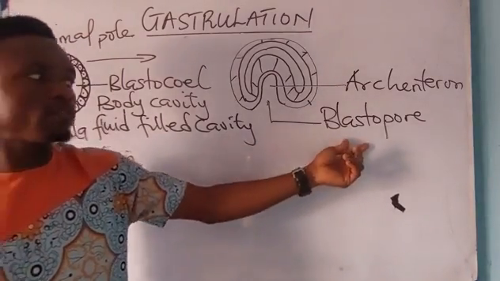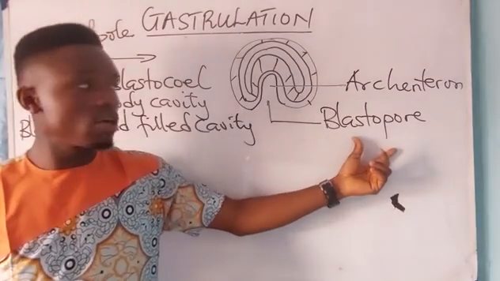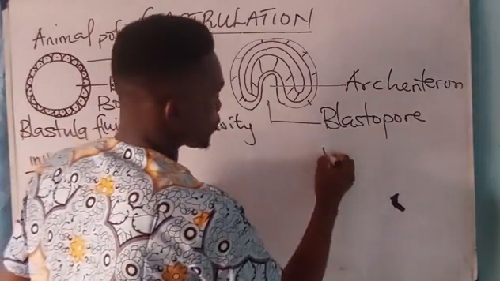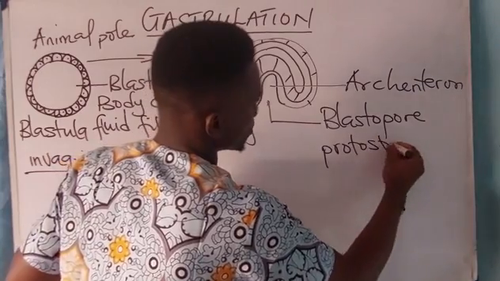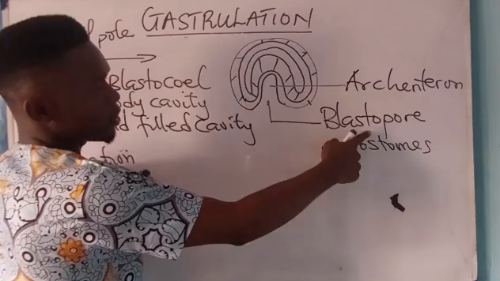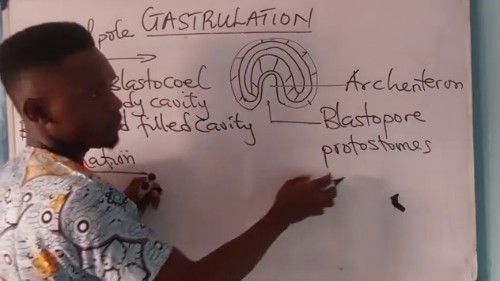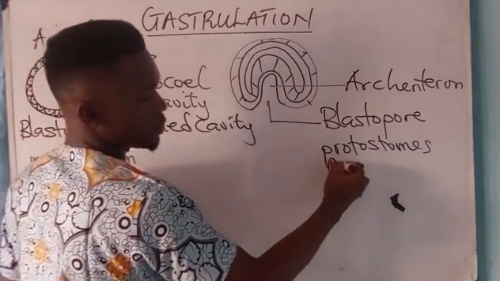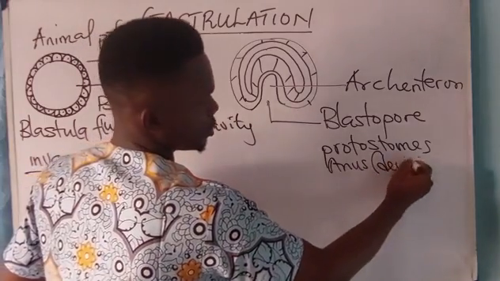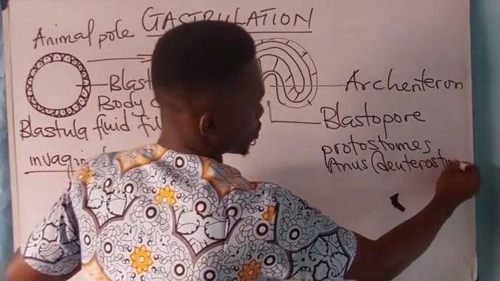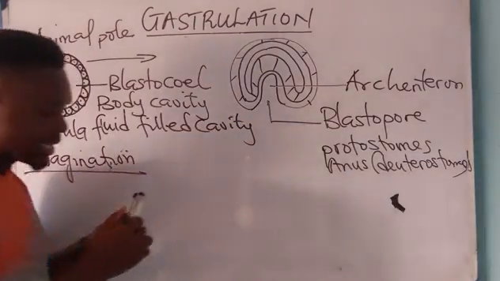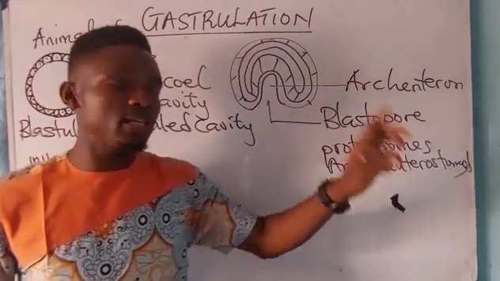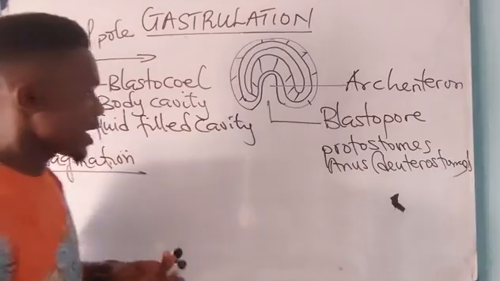Now, as time goes on, I'm going to be telling you what the blastopore develops into. The blastopore develops into the mouth, called protostome. When the blastopore develops into the mouth, you call it protostome. When it develops into the anus, you call it what? Deuterostome.